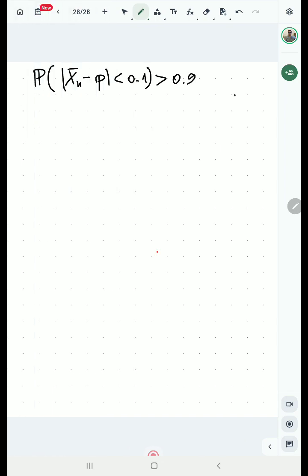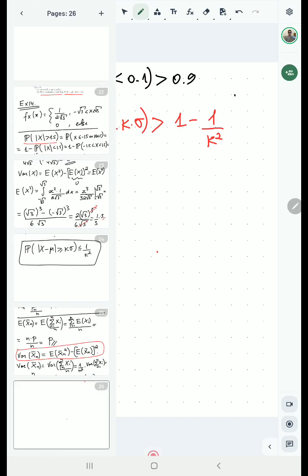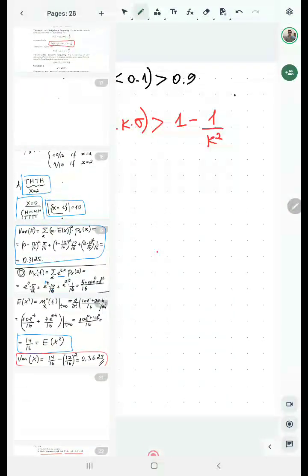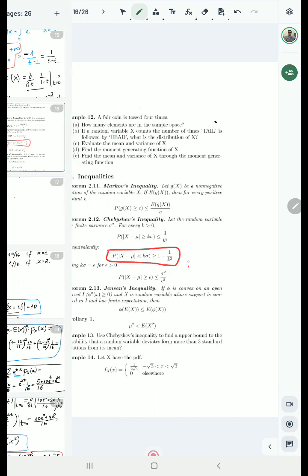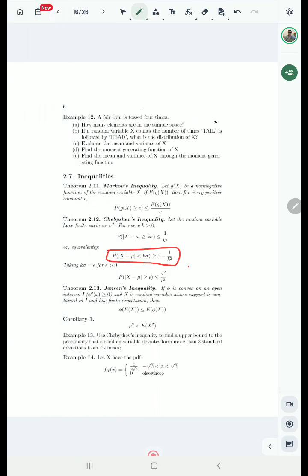This is Chebyshev's formula: the probability that |x minus mu| is less than k times sigma is always greater than 1 minus 1 over k squared, right? So we can check it once more. Less than k sigma is greater than 1 minus 1 over k squared.